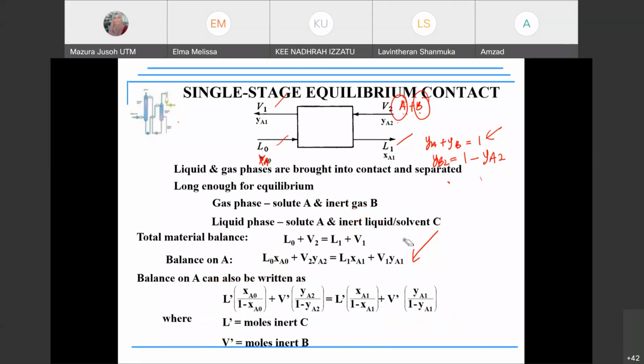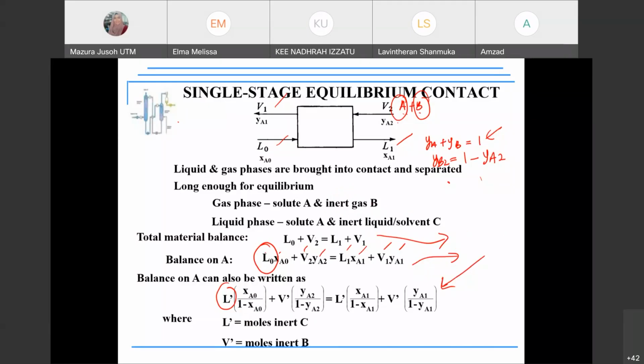Why do we want to do this? Because how many unknowns are there here? 1, 2, 3, 4, 5, 6, 7, 8. So in order for us to do the simultaneous equation to solve them, you need to reduce the unknowns. That's why we need to derive this equation.